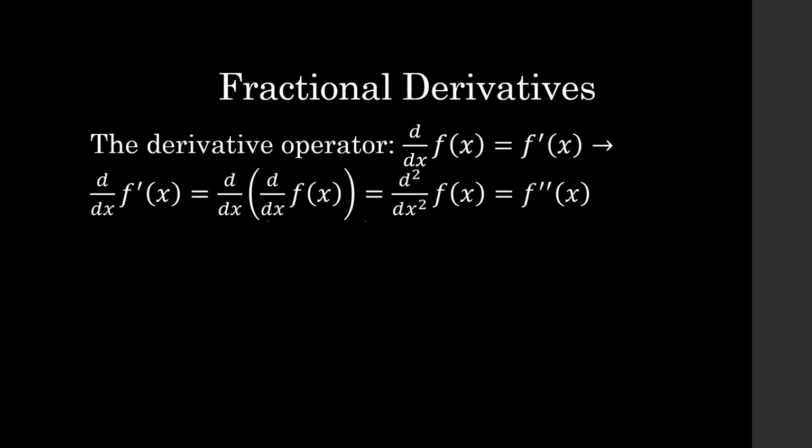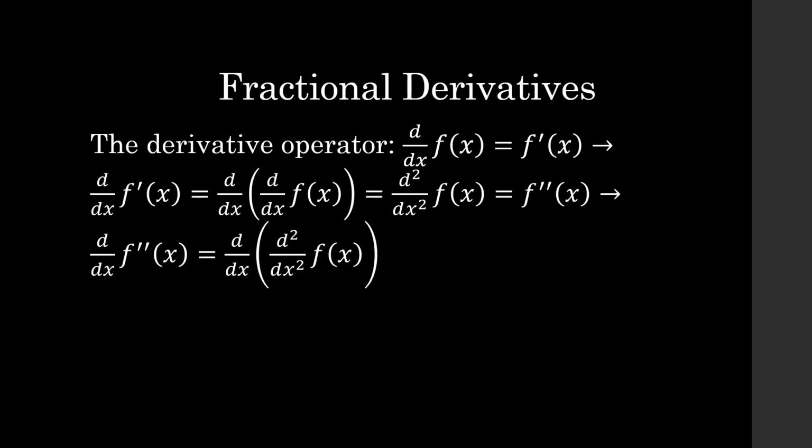This is also often denoted with a double prime. And again, taking the derivative of that is just taking the derivative of the double derivative, which brings up this power of 3, d cubed over dx cubed of f of x, also given the triple prime.